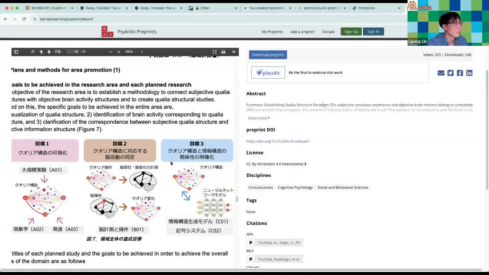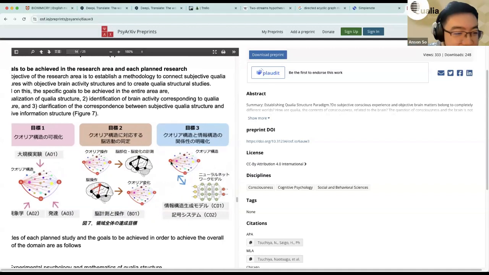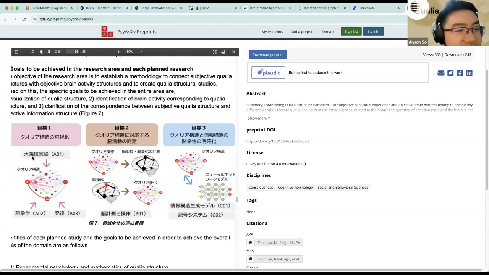This is in Japanese, so I don't know. This is the similarity rating. And then we are going to find the mapping in the brain. And then we go back to the brain and find the mapping of the similarity rating.